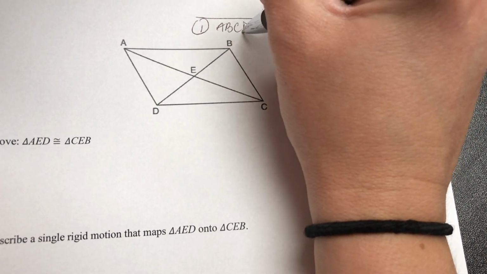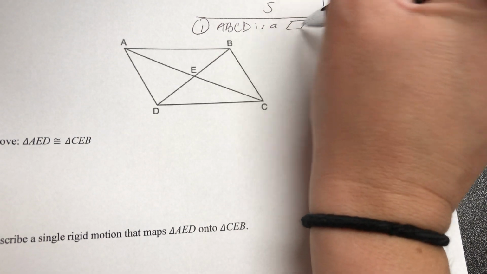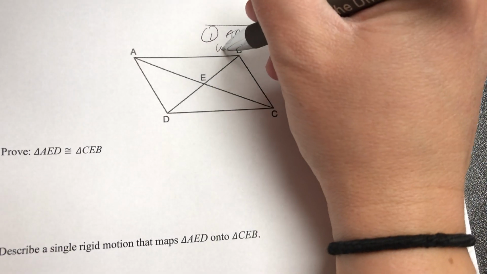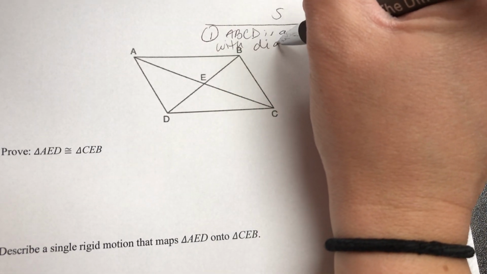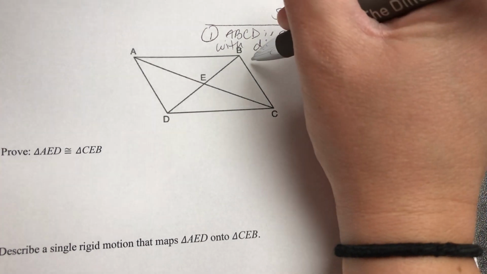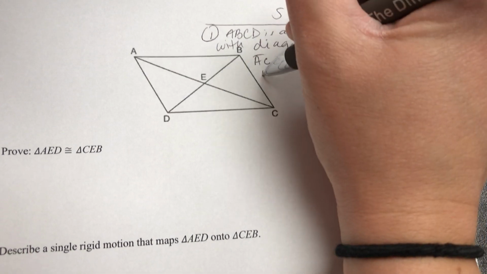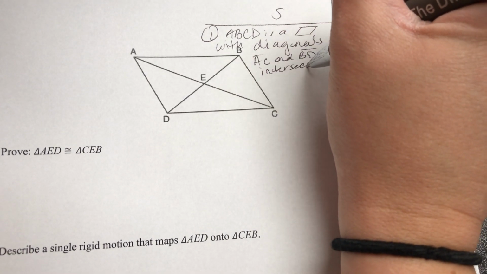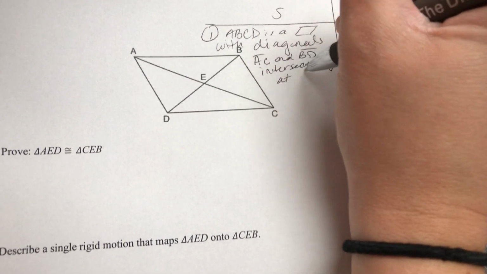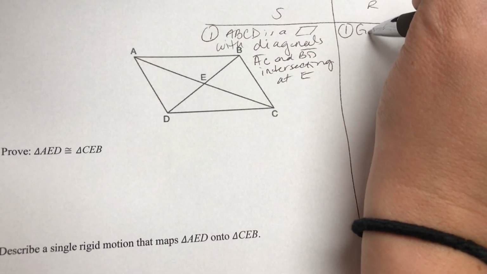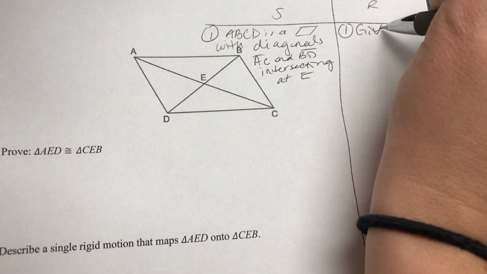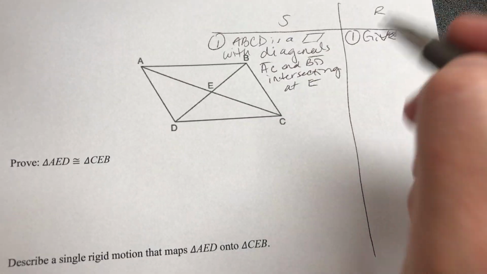So ABCD is a parallelogram with diagonals AC and BD intersecting at E. Again, write it all down. Even if it's like, of course they are. Write it down. Given.